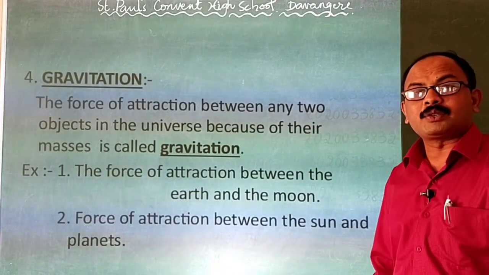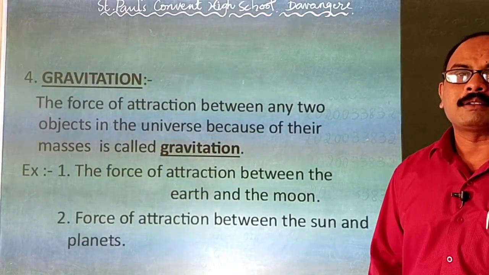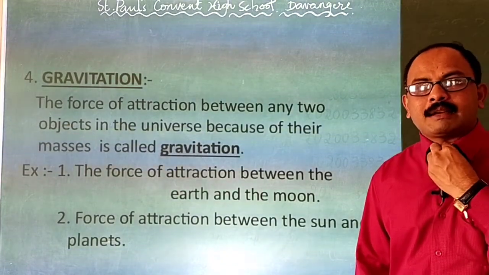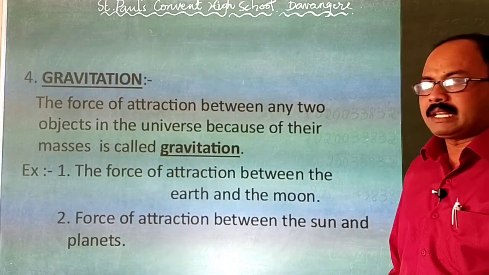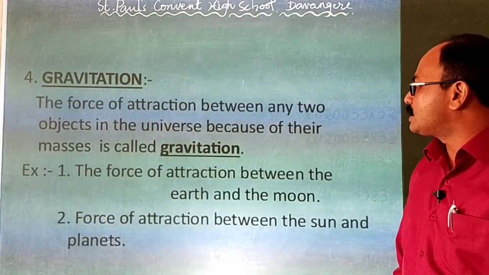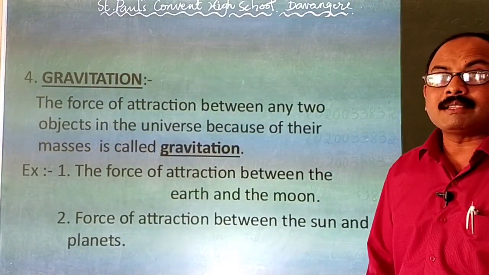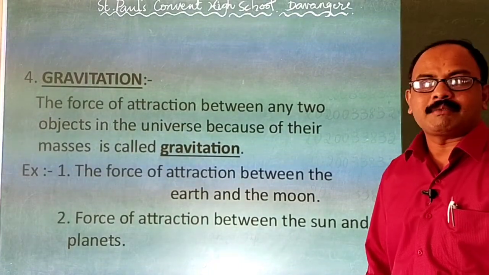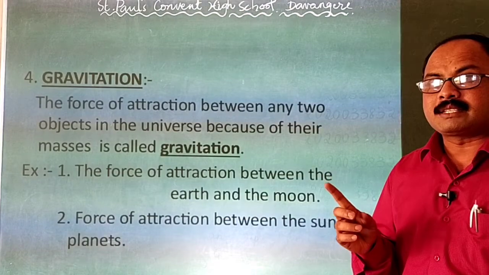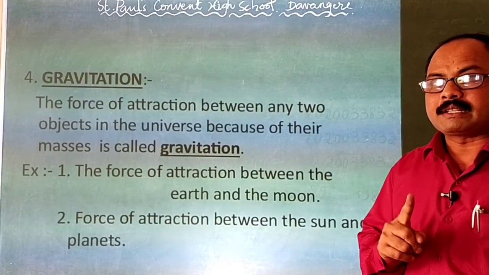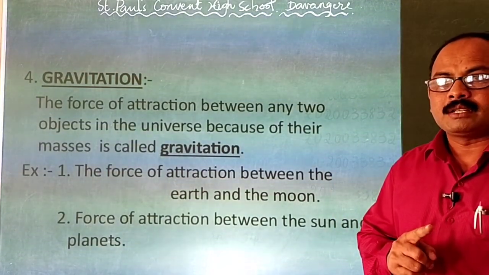Now, we look into the definition of gravitation. The force of attraction between any two objects in the universe because of their masses is called gravitation. As we have discussed, children, there is a difference between gravity and gravitation.